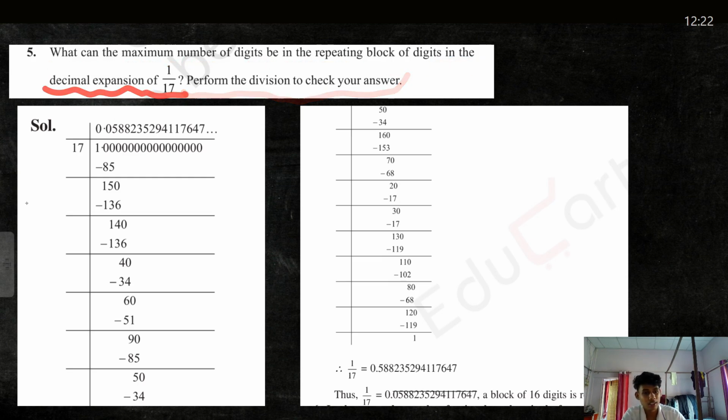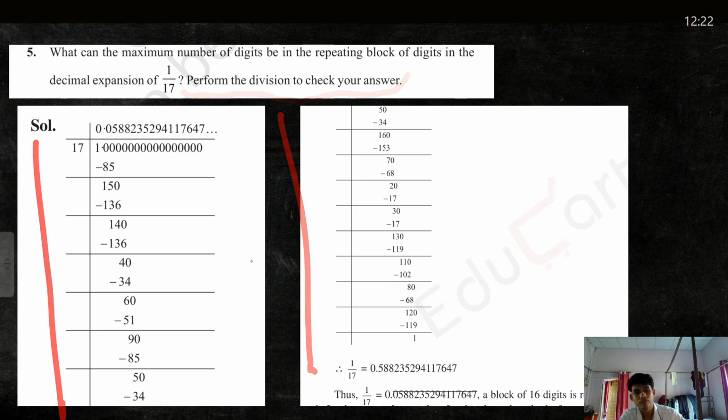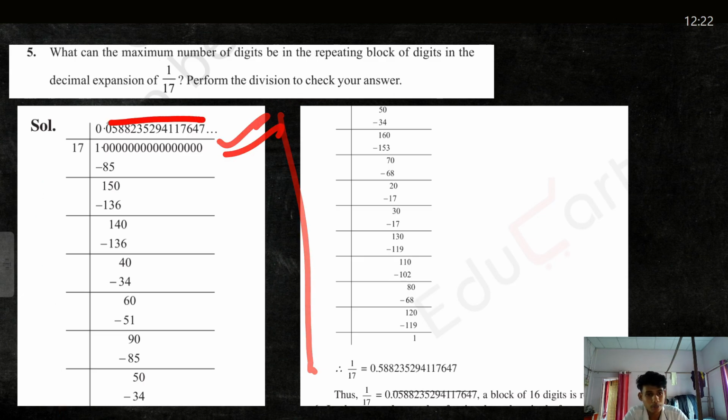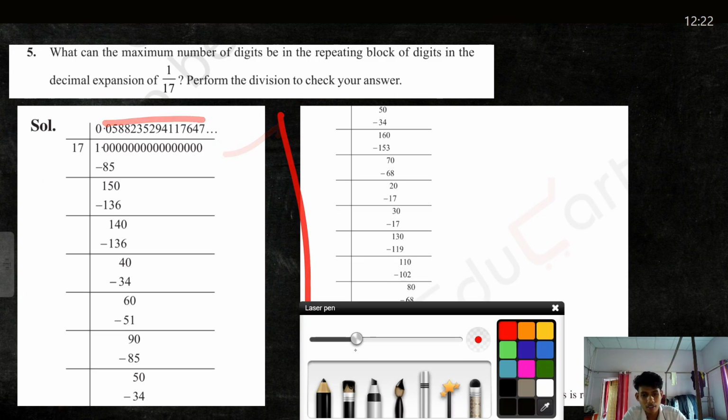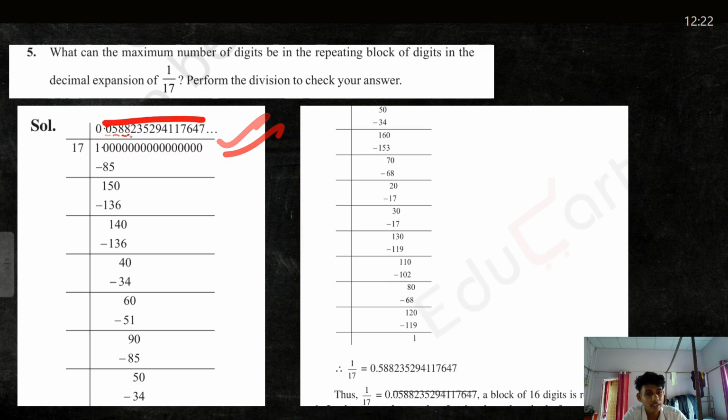Since the division is very long, I am not going to do that. You can check it here. After the decimal, the number which will be repeating is 058823529411767. That means a total of 16 digits is being repeated here.